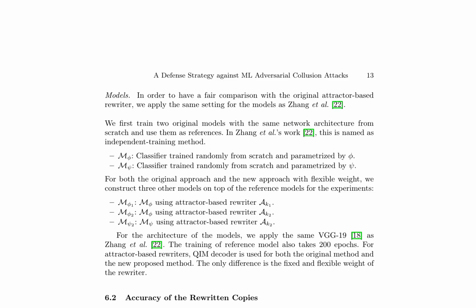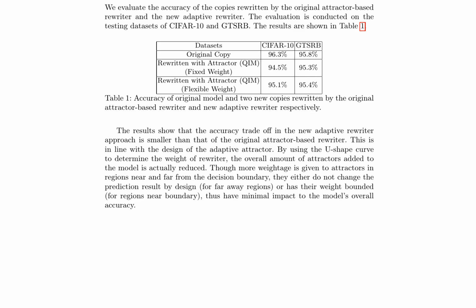However, this method is limited when multiple buyers collude to launch attacks, as the collusion attack proves much stronger than independent attacks. To address this limitation, the proposed method introduces the utilization of adaptive attractors guided by a U-shaped curve. This approach overcomes the limitations of the existing method and improves resilience against collusion attacks.